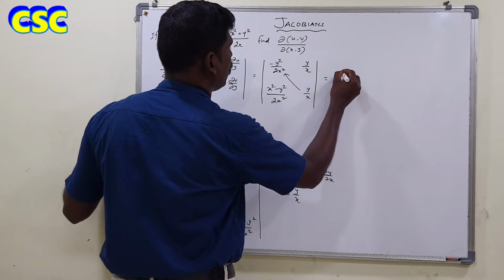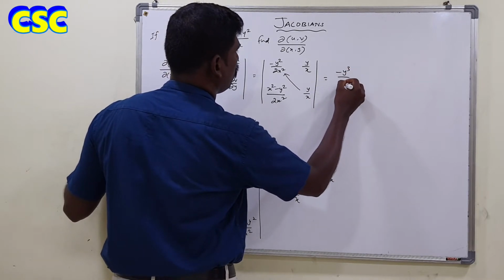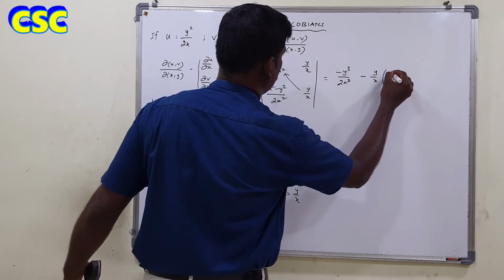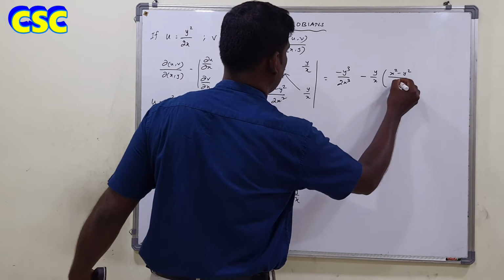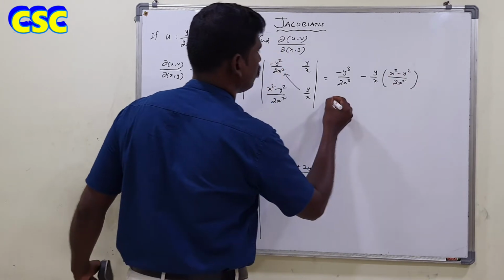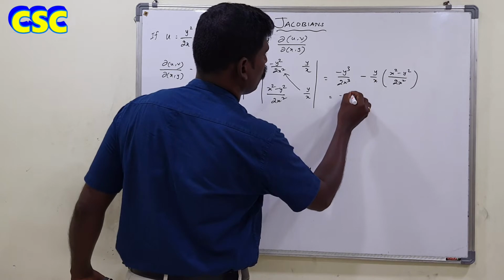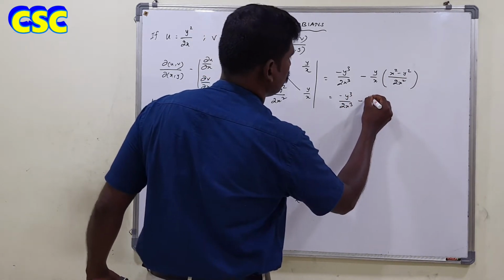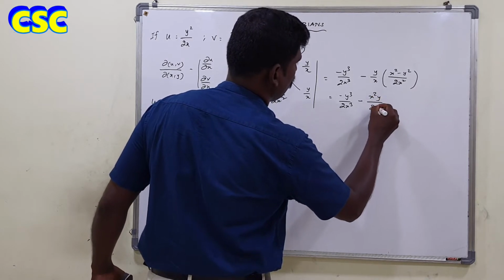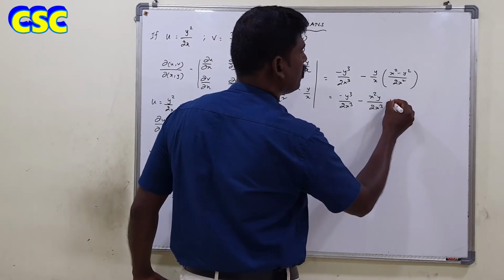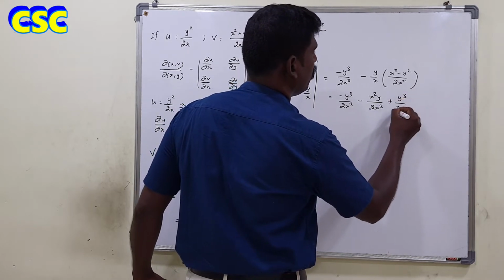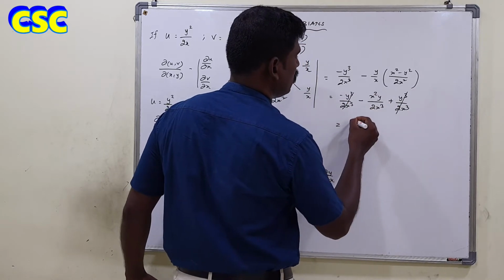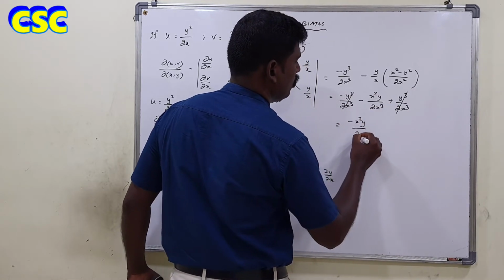So minus y³ by 2x³, and then multiply this with minus y by x into (x² minus y²) by 2x². Minus y³ by 2x³ minus, multiplying inside the bracket, x²y by 2x³, minus into minus plus y³ by 2x³, isn't it? We can cancel both of the two. The answer is minus x²y by 2x³.